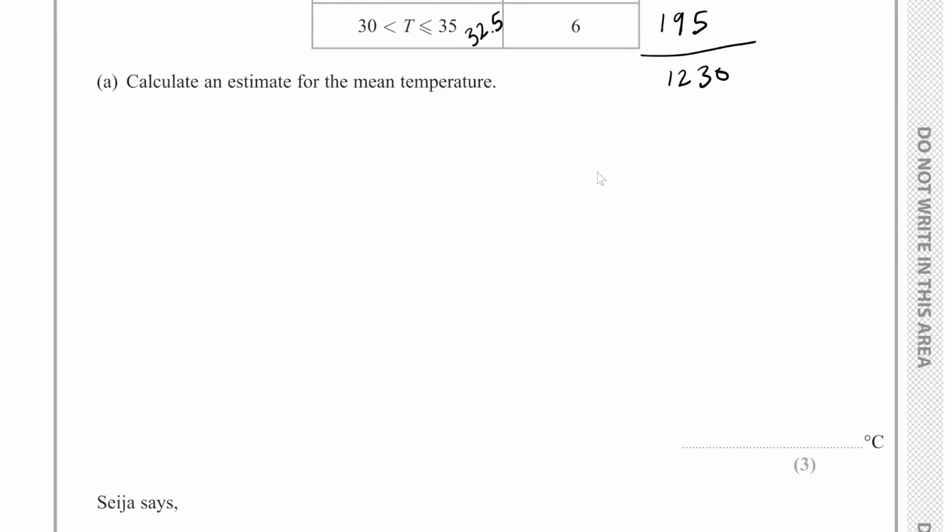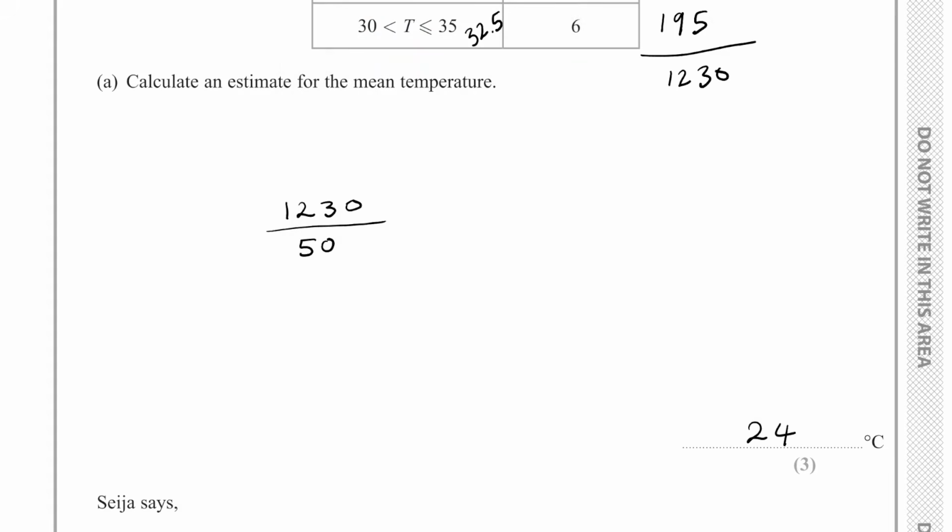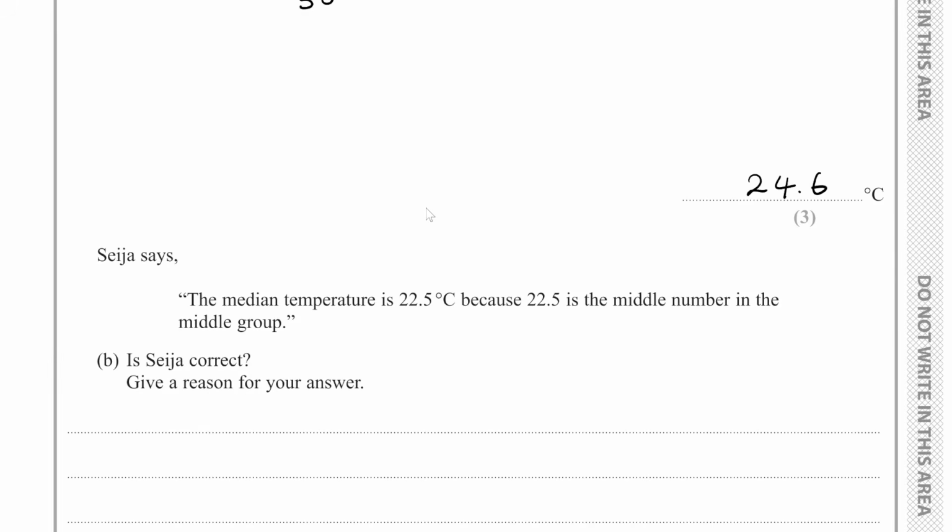There are 50 cities, so we're adding them all up and dividing by how many? And that gives us 24.6. Our estimate for the mean temperature is 24.6 degrees Celsius.